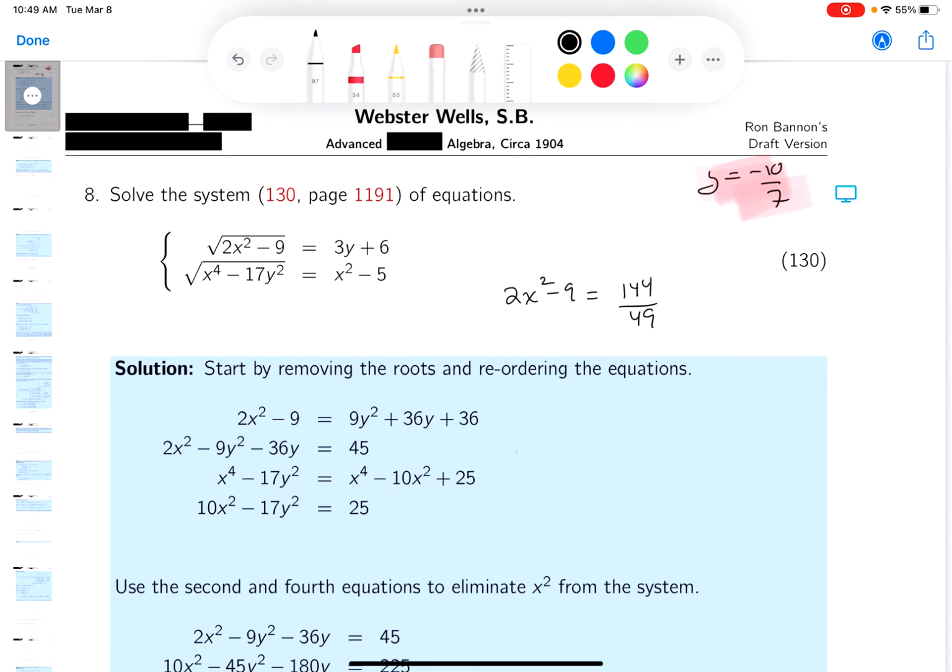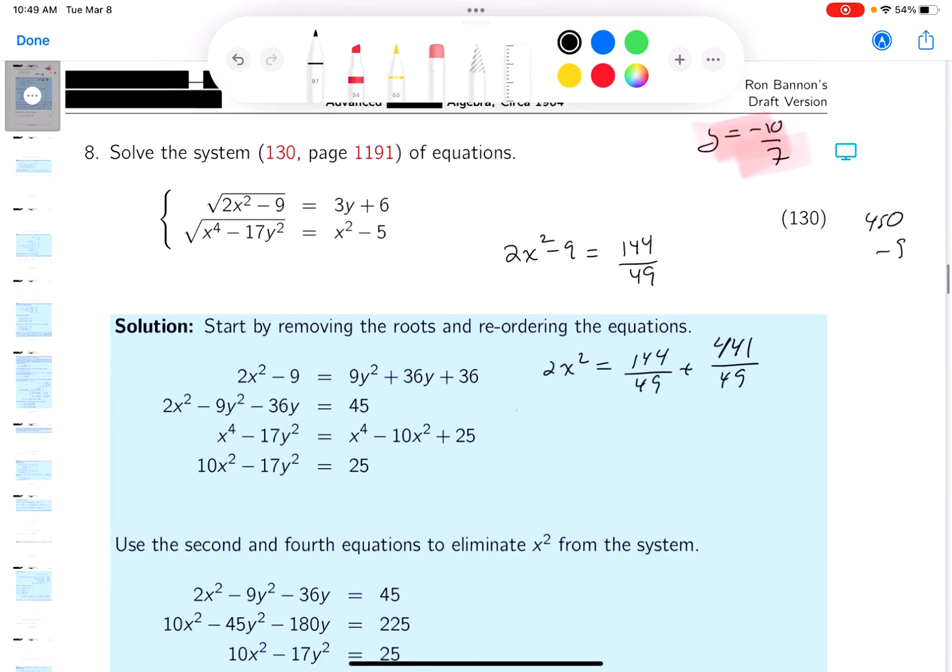So 2x squared equals 144 over 49 plus, well, I've got to do this now. 50 times 9 is 450, and then minus 9 is 441. Yeah, nasty looking numbers, but let's keep doing it.